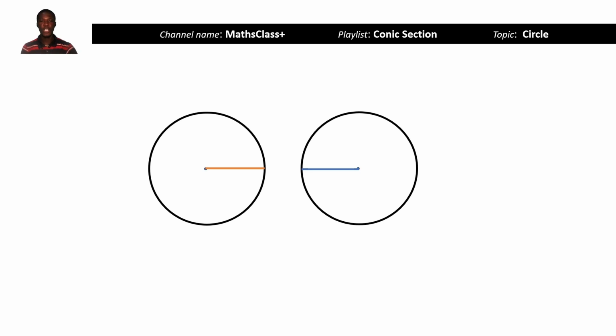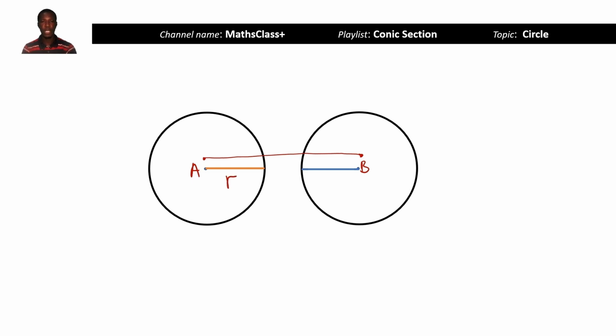The third situation: we label here as A, we label here as B, and the two circles do not intersect at all. So look at the distance between their centers, and then we compare with the sum of their radii.